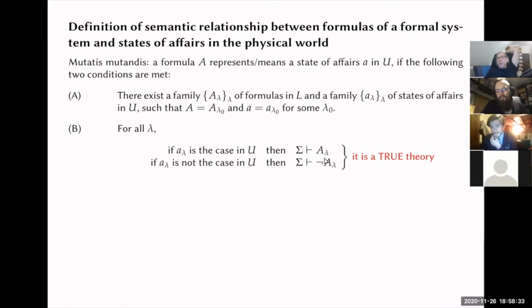And if the negation is stated, then the opposite is the case. So briefly and roughly, one can say that this condition here, and this is true for all lambdas, actually means that all predictions of the theory correspond to the facts of the world.